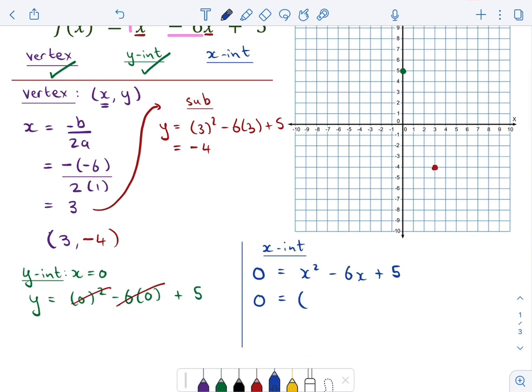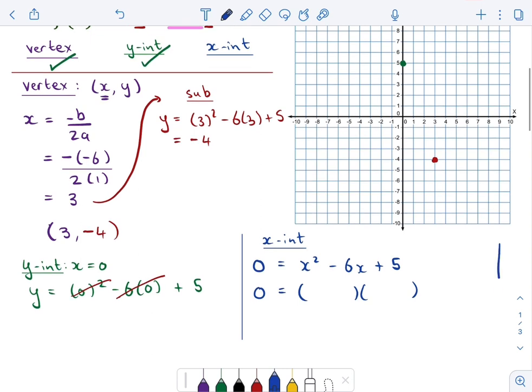That means I need to get this into two brackets. The method I use in order to do that is the reverse of expanding, where I take the factors of x squared. The factors of x squared will be x and x.